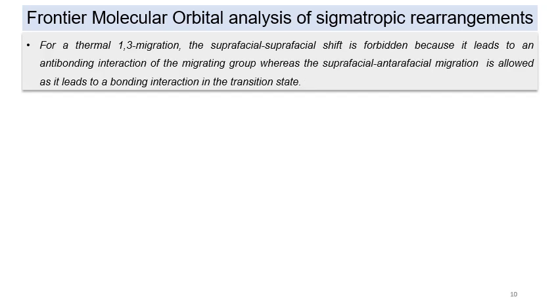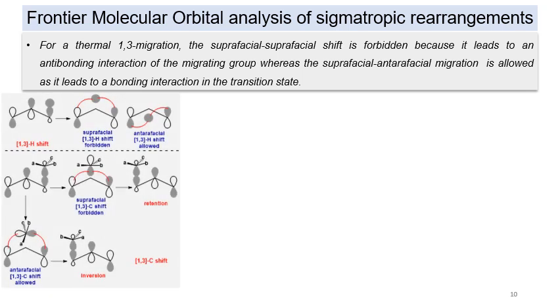So for a thermal 1,3 migration, the supra-supra shift will be forbidden. Why? Because it leads to an antibonding interaction of the migrating group. For example, let us look at this particular diagram. Let's first look at the 1,3 H shift. Then we will see the 1,3 carbon shift. So you can see here the supra-supra.